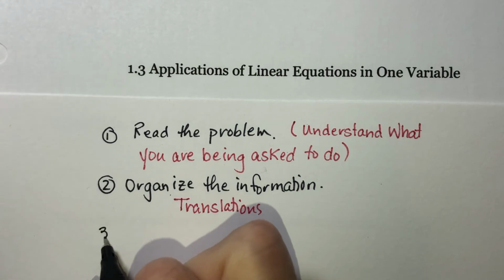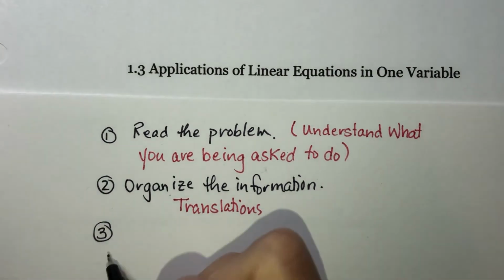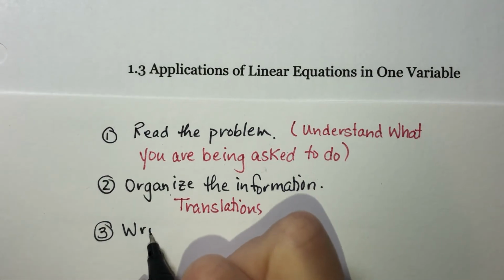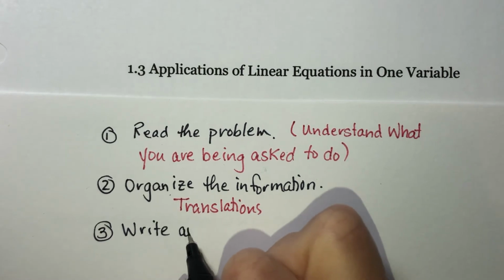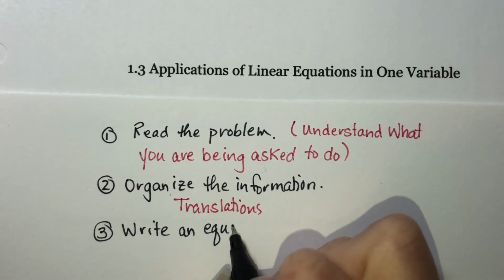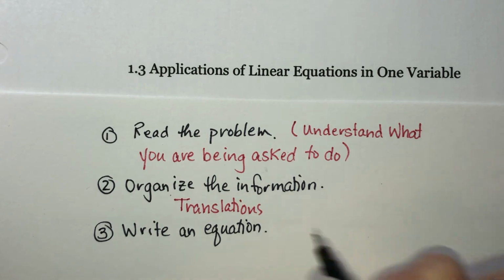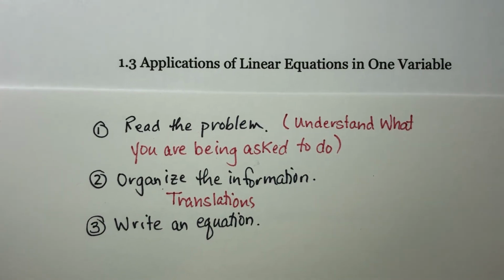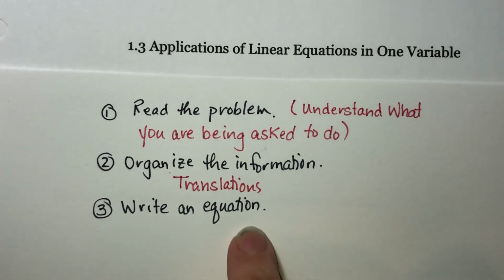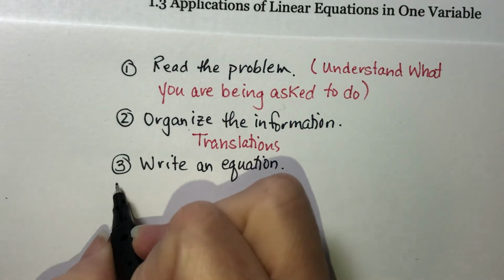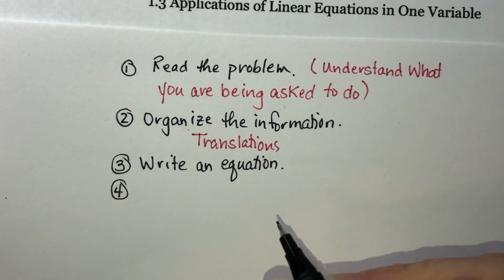Okay? The third step is to write the equation. That's probably the hardest step. If you can get to writing the equation, you've done most of the difficult part on a word problem. Okay? The fourth step is also fairly obvious.